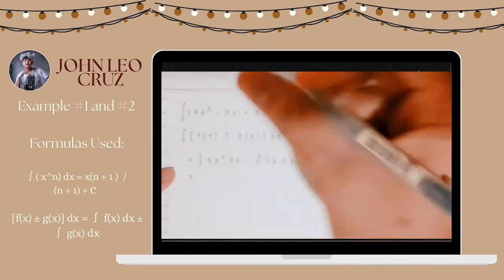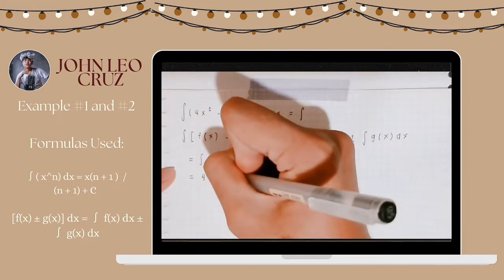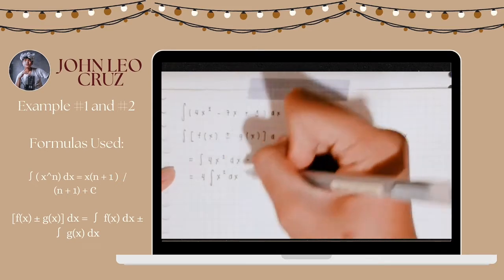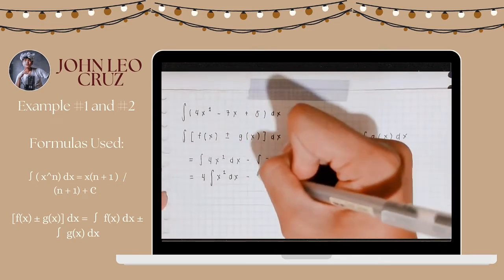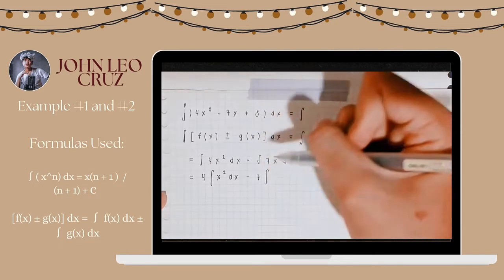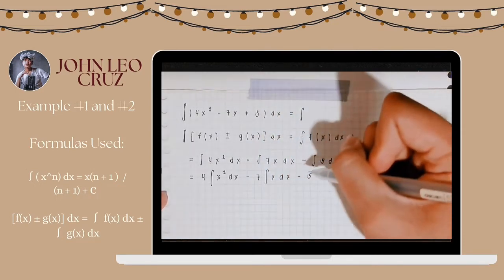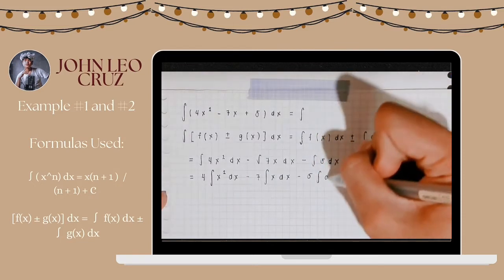So we will have 4 integral of x squared dx minus 7 integral of x dx plus 5 integral of dx.